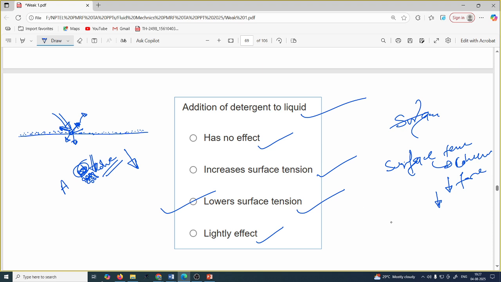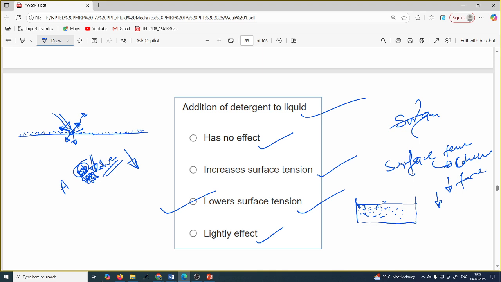And what is surface tension? Let me discuss it here. Let us assume you have a container and water is filled completely up to the top. On the surface, there is a lot of water below, and all the water below tries to pull down the surface water molecules.